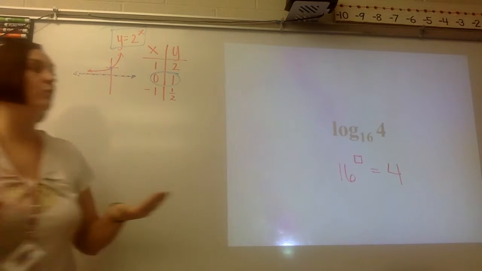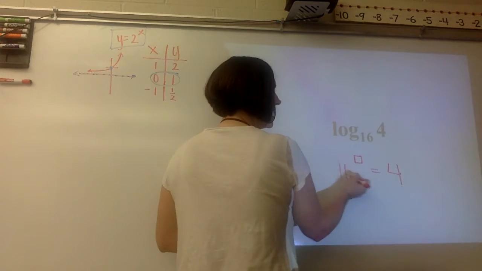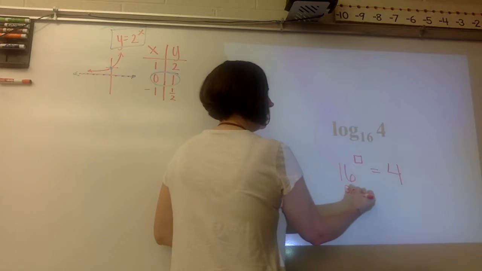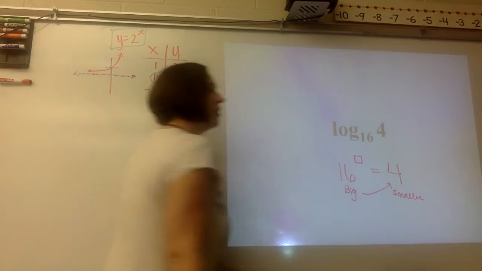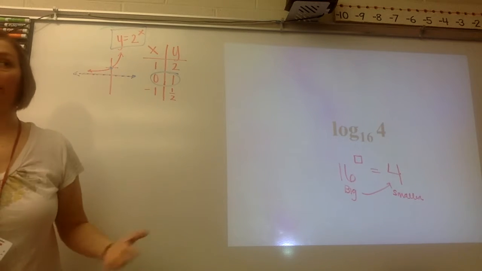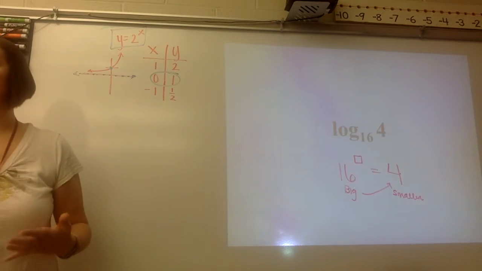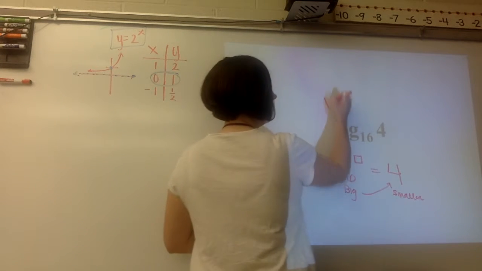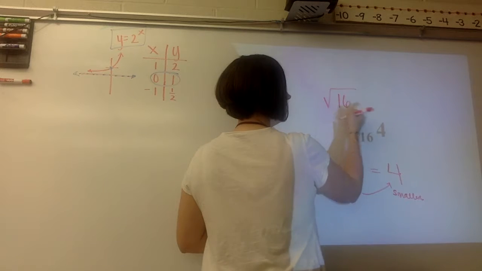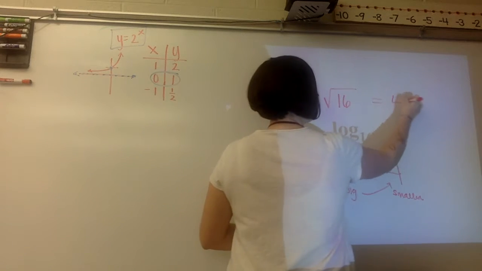So here's the general rule with logs and exponents. If you take a big number and you tell me that what comes out is smaller, the only way to make it smaller is to use roots. So what I'm saying is square root of 16, 16 to what power gives me 4?